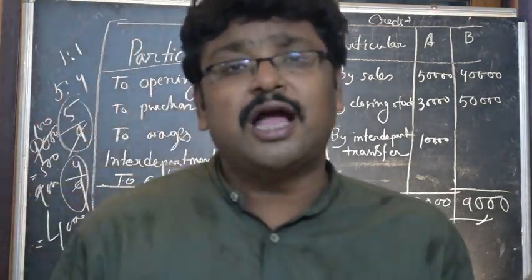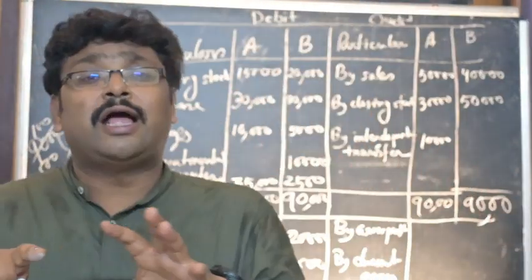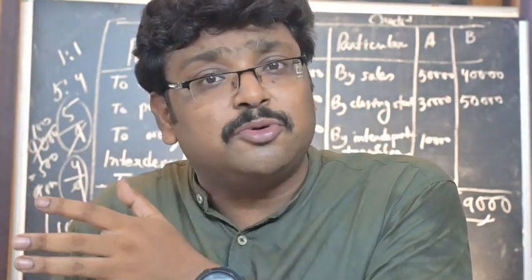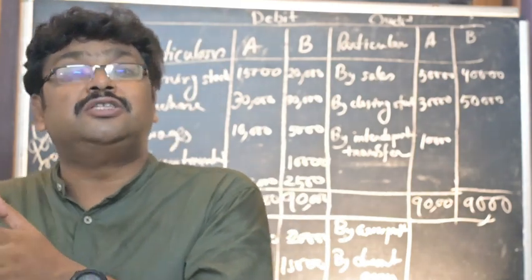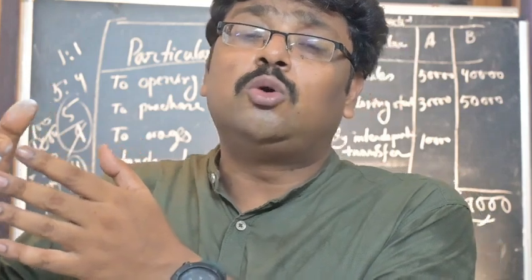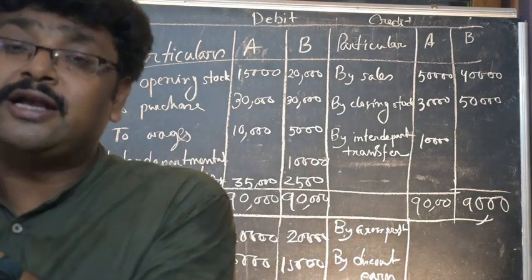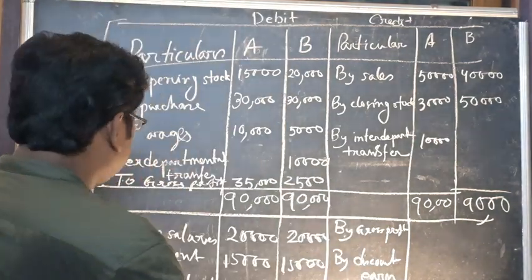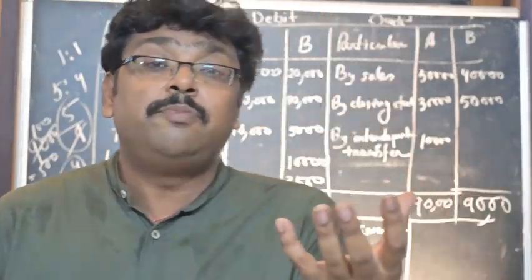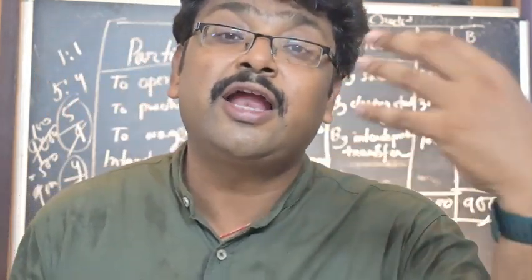From the purchase we have the ratio 1:1, and there is no other information, so it will be equally distributed: 10,000 for department A and 10,000 for department B. This should be considered on the credit side, because the discount is earned.